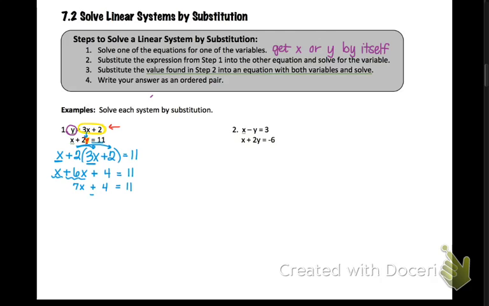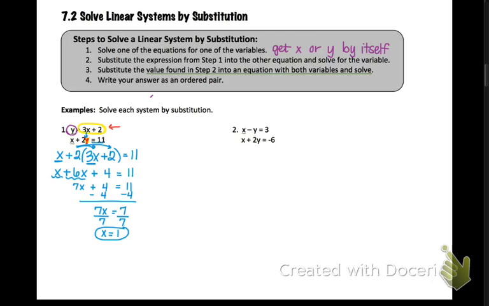And then I will need to subtract 4 from both sides. This is just regular equation solving here. That gives me 7x equals 7. My last step is going to be to divide by 7 on both sides. So we get that x is equal to 1.